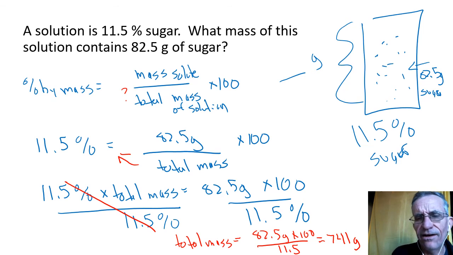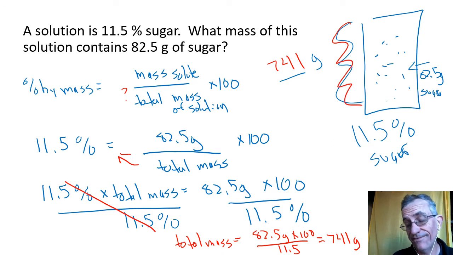Well, I figured out that if I grab 741 grams of this solution, inside of that there's going to be 82.5 grams of sugar. The rest would be water. It's an 11.5% solution. So out of that bottle, if you had 741 grams of solution, inside of there would be 82.5 grams of sugar. The rest of the weight would be water weight.